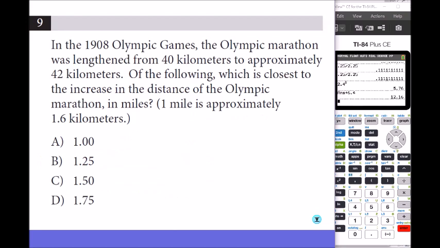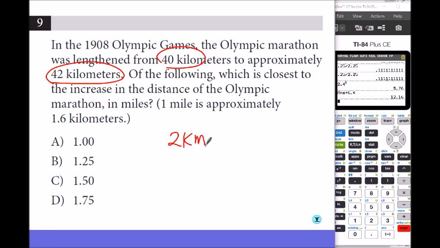Number 9. In the 1908 Olympic Games, the Olympic marathon was lengthened from 40 kilometers to approximately 42 kilometers. Of the following, which is closest to the increase in the distance of the Olympic marathon in miles? So it increased by what? 40 to 42, so it increased by 2 kilometers.